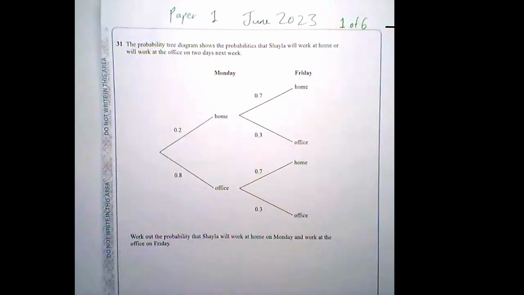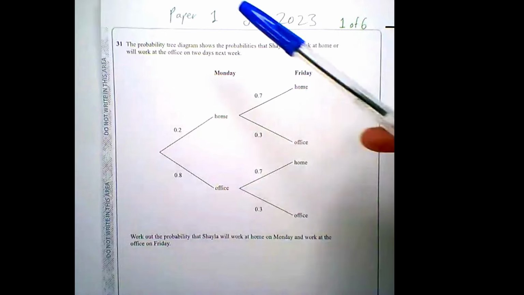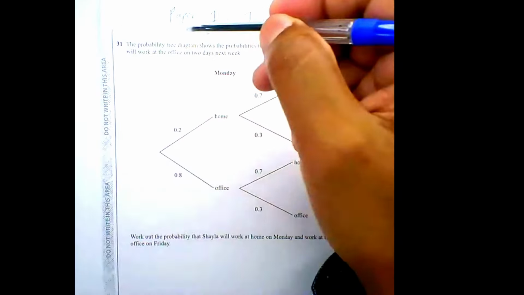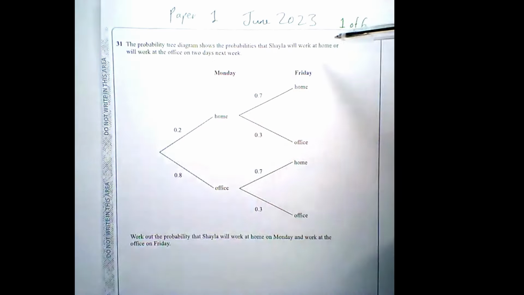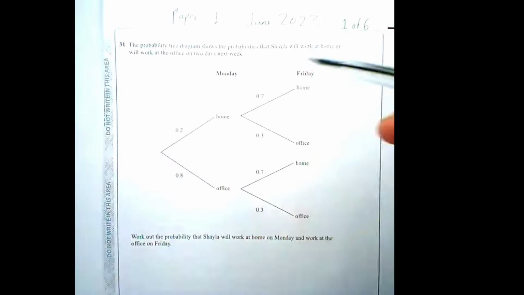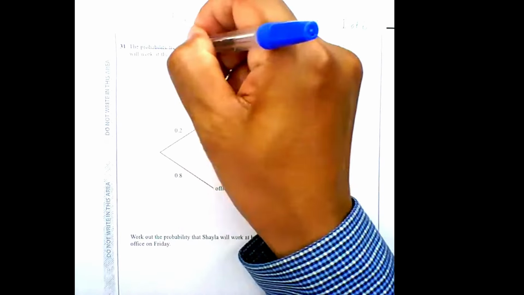So this is what we call a routine question. If I highlight the keywords here, all the information is given to us, so I don't really need to worry about this information. In a way, I don't even need to worry about this information here.